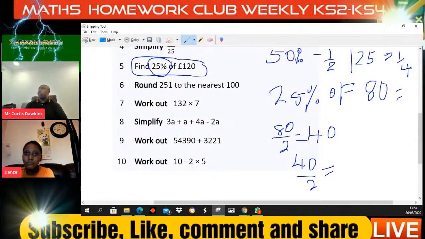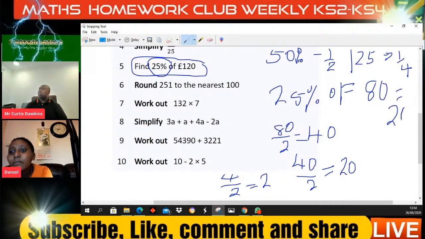How many times can 2 go into 4? 2 into 4 goes 2 times. So basically, 2 into 40 goes how many times? 20. So 25% of 80 is 20.